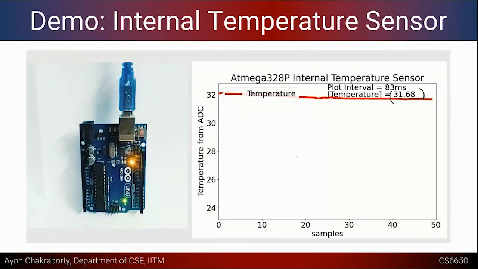So I would encourage all of you to try this experiment, and not just have a working code, but tweak these registers in different ways and try to see what happens. Can you make the prescaler 64? Can you make the prescaler 16? Try out different settings, and try to make the reference voltage instead of 1.1, make it 5 volts. What happens?